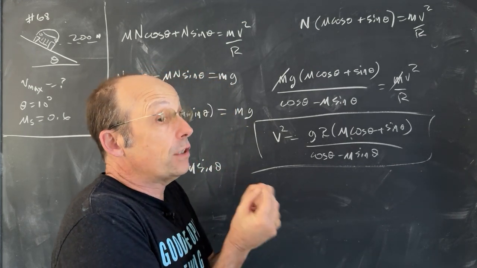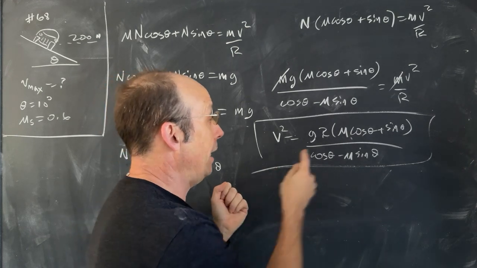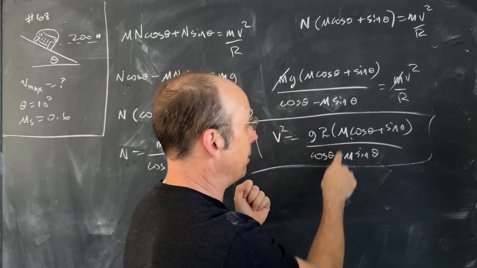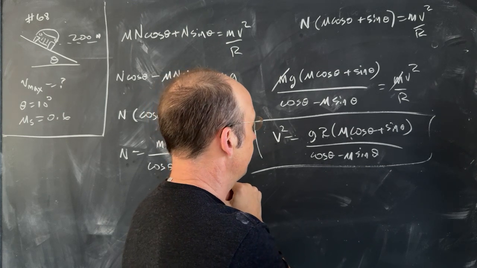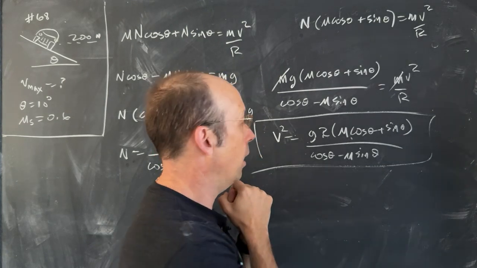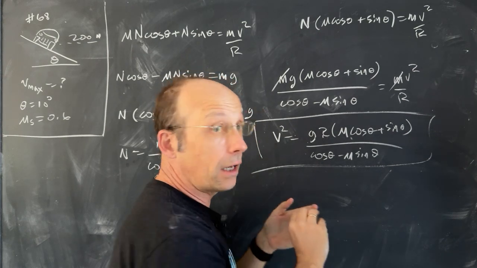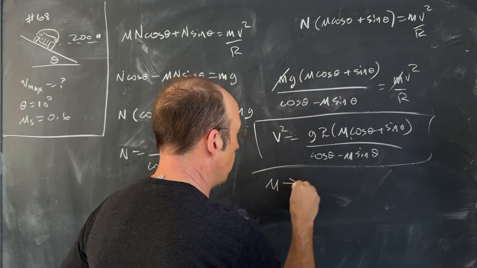Now what about this? As the coefficient of friction increases, I should be able to go faster. So if I increase the value of mu, what happens? It's not completely clear here, so that's not trivial. One thing I could do, and I'm going to let you check this: what if mu goes to 0?